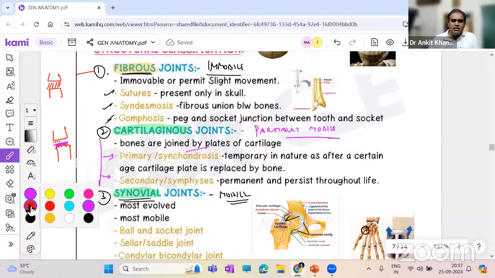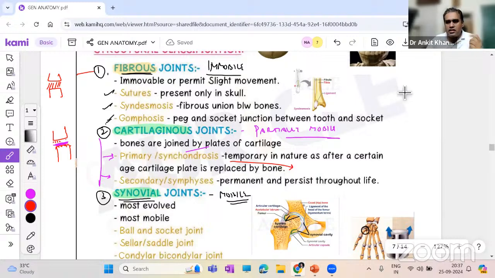The primary cartilaginous joint is actually sort of a misnomer. As we discussed in the development of bone, in the initial part we have the epiphysis, then the diaphysis, and then the epiphysis again. And between these, we had this growing area known as the metaphysis that was actually cartilage.